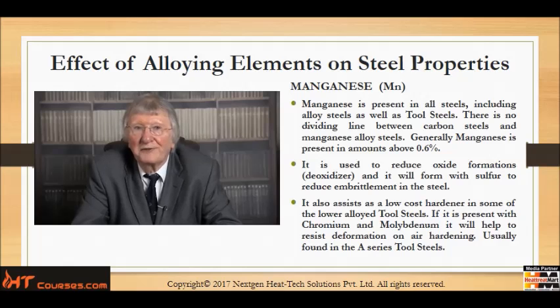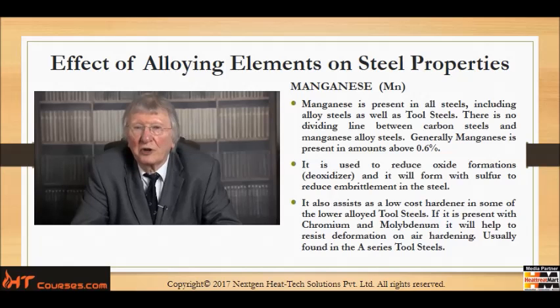I just want to refer back to the center bullet point, where it says manganese is used to reduce oxide formations and will form with sulfur. There is a particular condition that can arise if you have a high manganese content along with a high sulfur content, and you will form manganese sulfides.